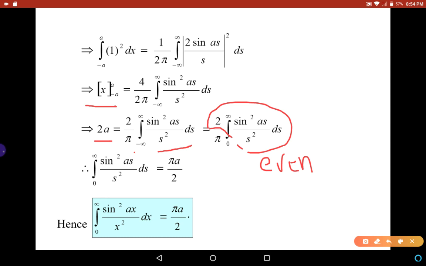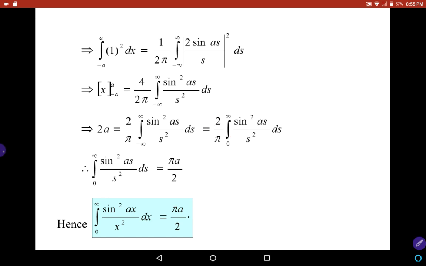Hence, the value of the integral from 0 to ∞ of sin²(ax)/x² dx is equal to πa by 2. So, Parseval's identity is applied to derive the value of this integral.